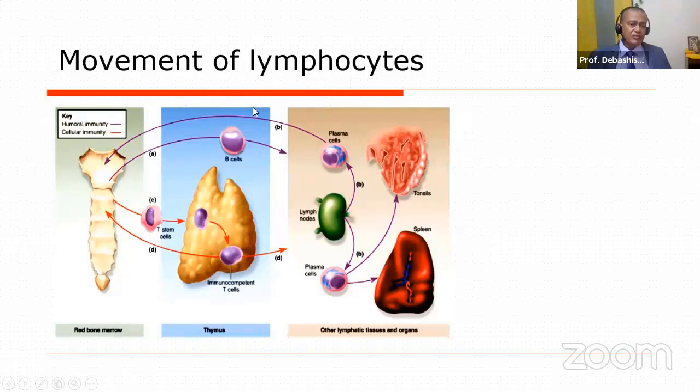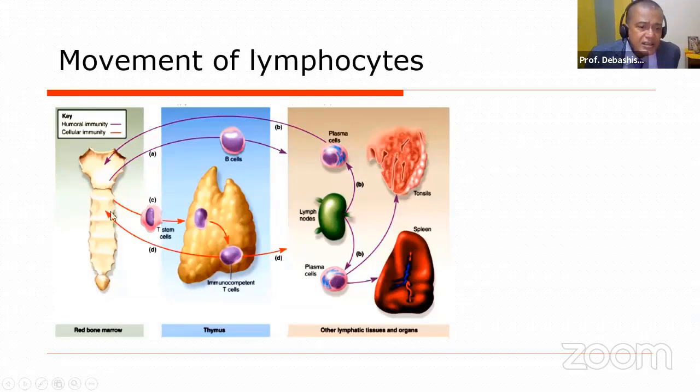The movement of lymphocytes is also important. The B cells from the bone marrow go out into the other lymphatic tissues like lymph nodes, plasma cells, tonsils, etc., after being processed into plasma cells in response to antigens.